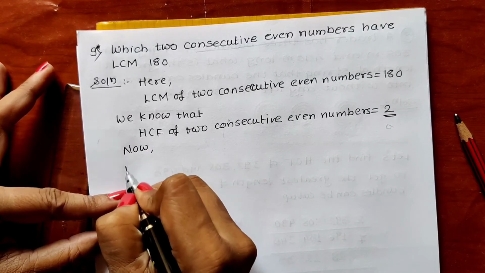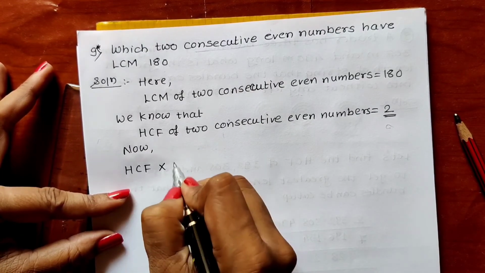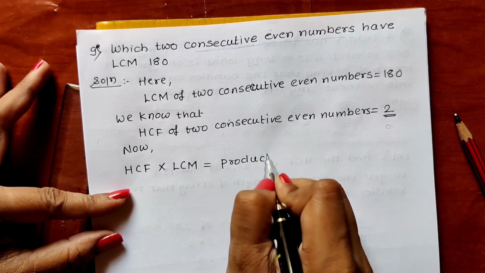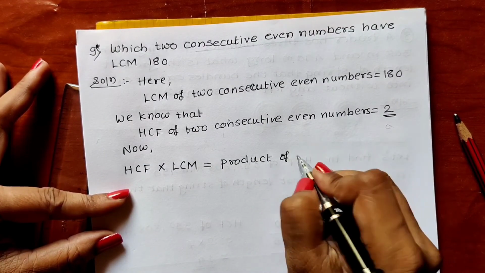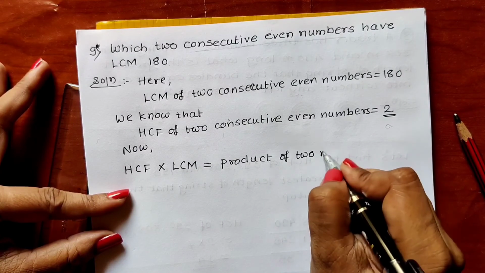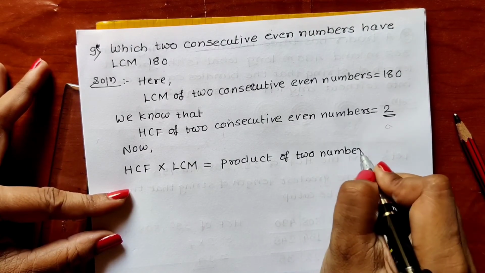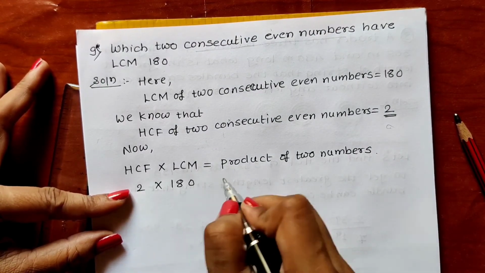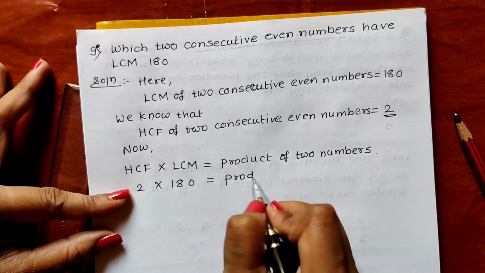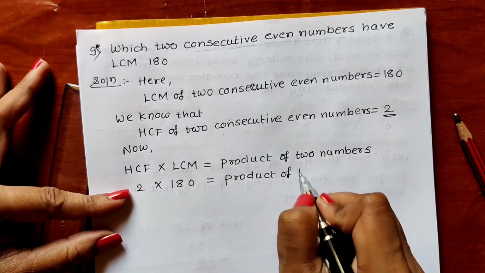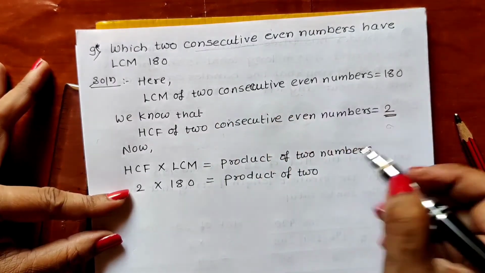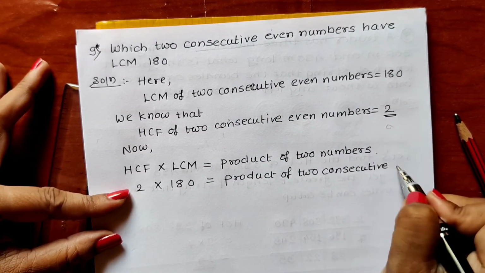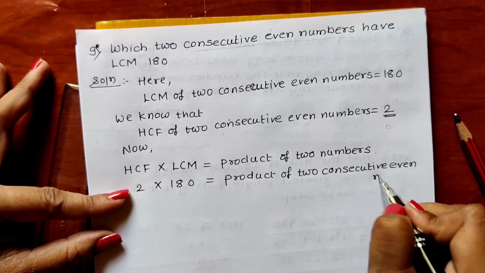HCF into LCM is equal to the product of the two given numbers. Now HCF is 2, LCM is 180, is equal to the product of the two numbers, which are two consecutive even numbers.